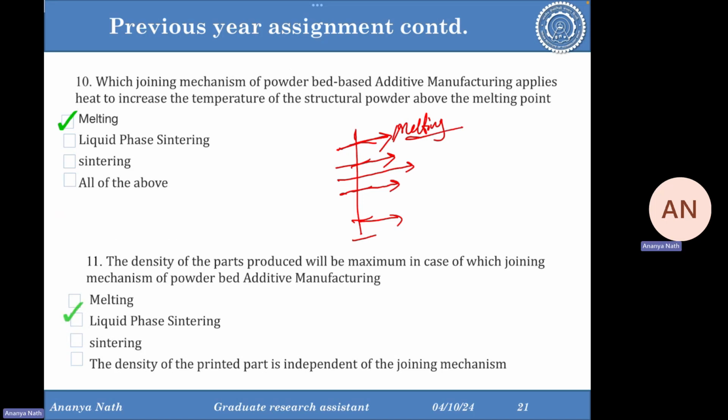The density of the part produced will be maximum in case of which joining mechanism? Obviously, as I have said, melting, because sintering means we are fusing the powder. So just for an example, if this is one layer of powder, you are fusing it together, and this is our next layer of powder.